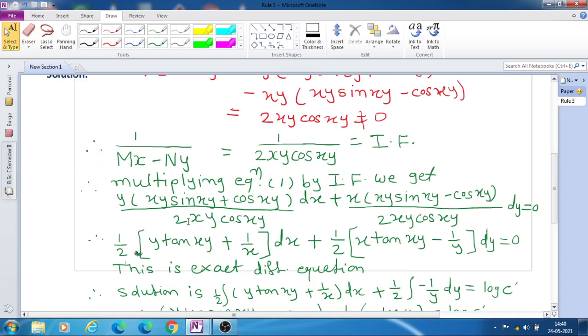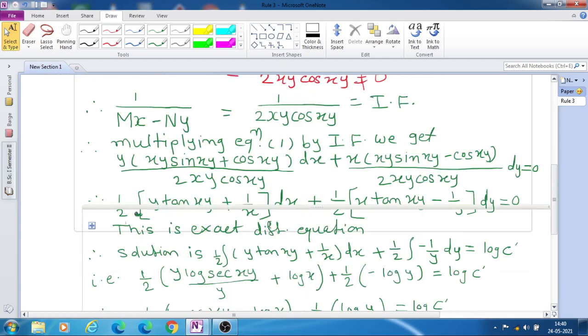So we divide each term by 2xy cos xy. So these are the two terms we have separated, dividing each term by 2xy cos xy. Here 1 upon 2 we have taken common, and in the bracket there are two terms, so we divide each term by 2xy cos xy.